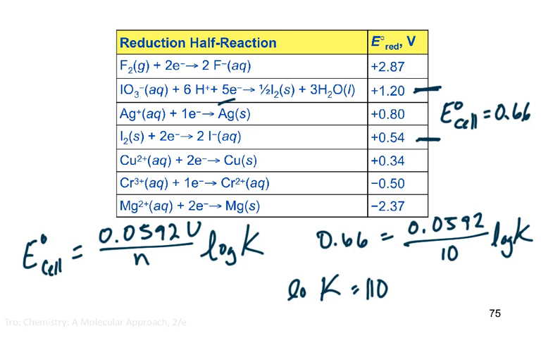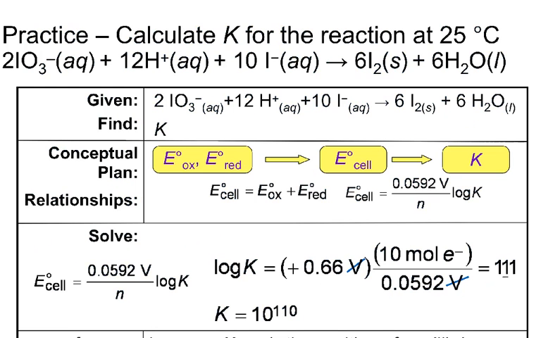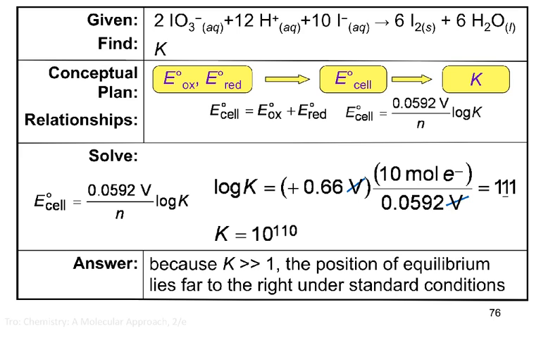Sorry, that's log K, which means that K is equal to 10 to the 110th power, which my calculator cannot do. So that's a very big number for K. Equilibrium is going to lie very far to the right.